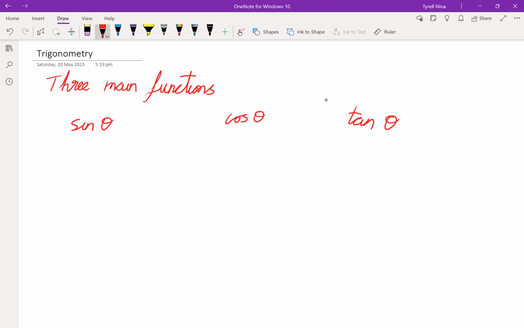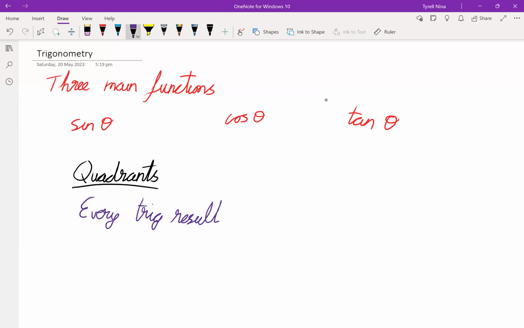Right. So the first thing we learn is the quadrants. Every trig result has two values.